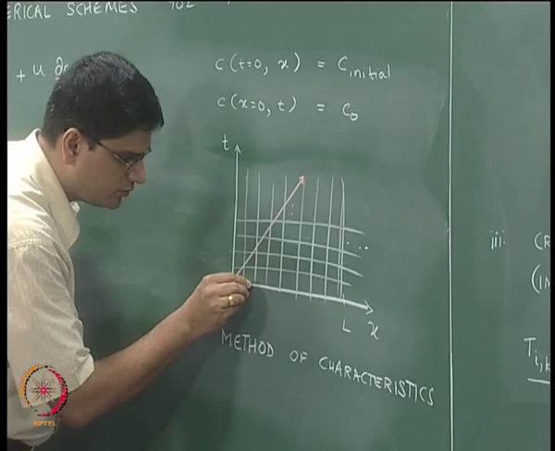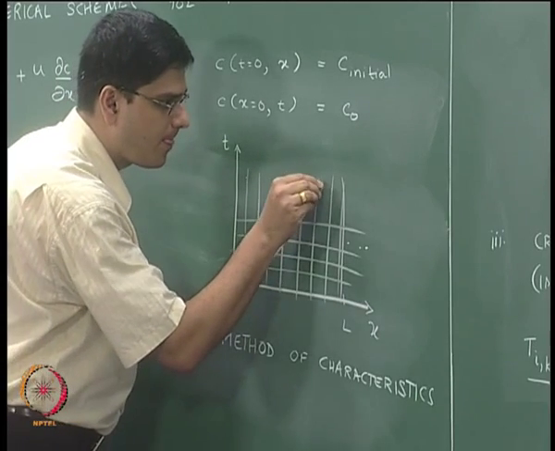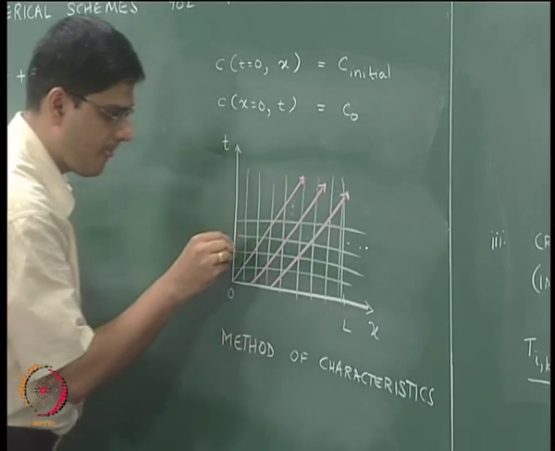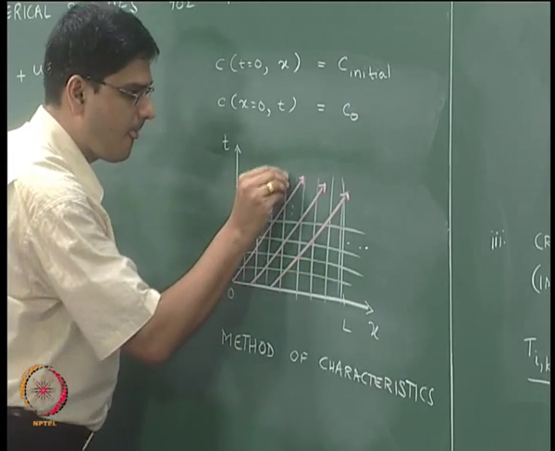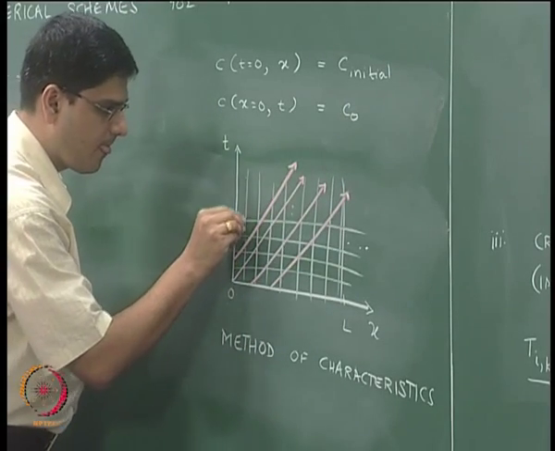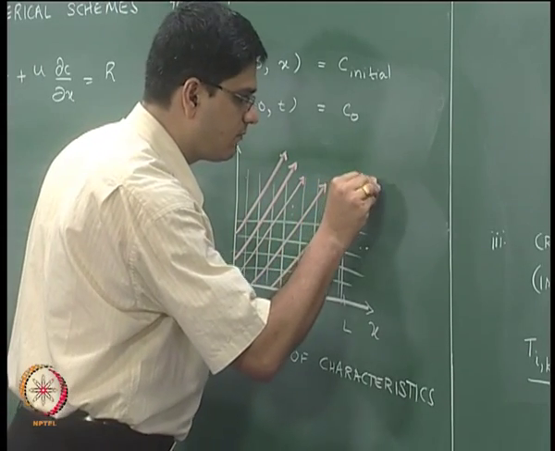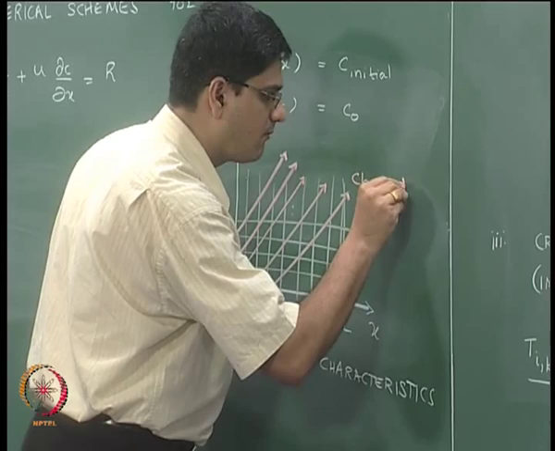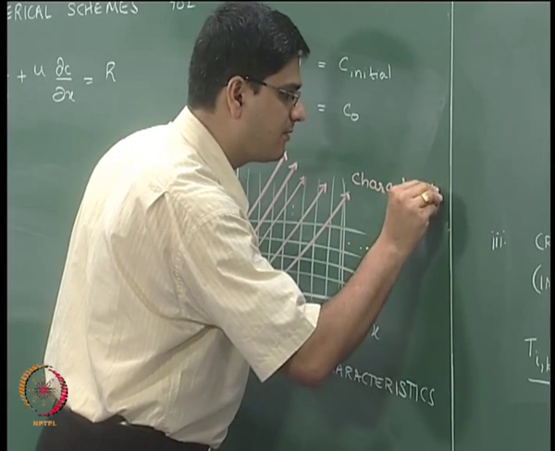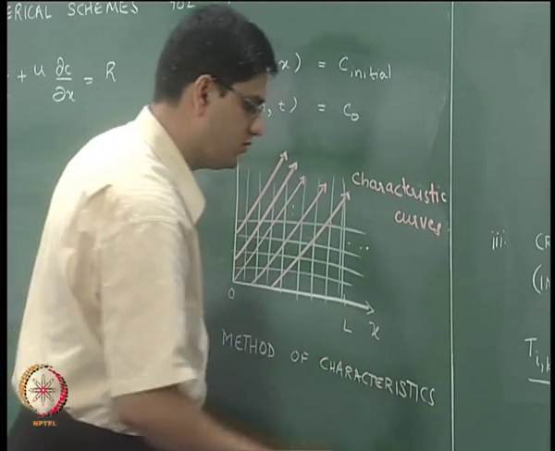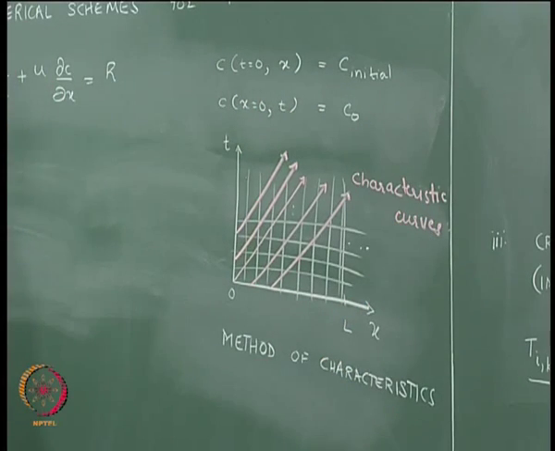Okay, so these red lines are the characteristic curves.